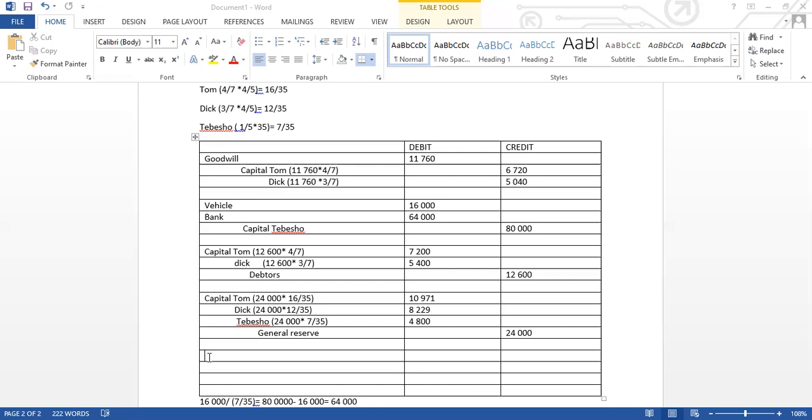The 7/35 is the profit sharing ratio, while he bought interest of 1/5 in the business. When you are calculating your total contribution or your total goodwill, you need to use the interest that he bought, which is 1/5, so you need to divide by 1/5.